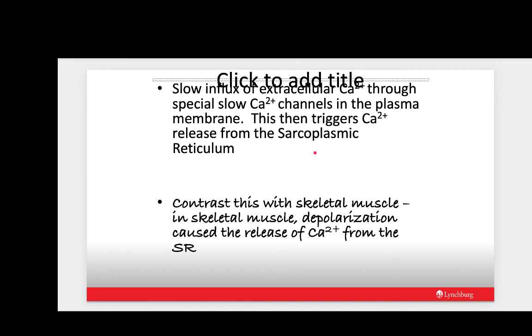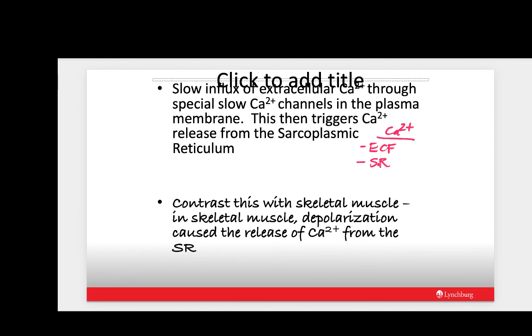In pacemaker cells, it's the slow influx of calcium through calcium channels in the plasma membrane. It gets calcium from two different sources. It gets calcium from extracellular fluid, and it gets stored calcium from the sarcoplasmic reticulum.